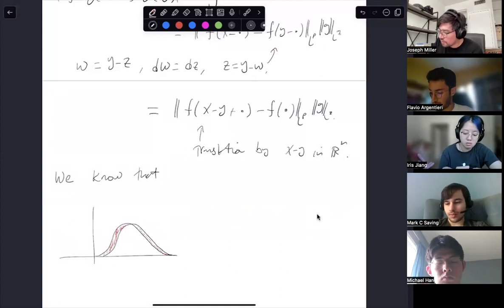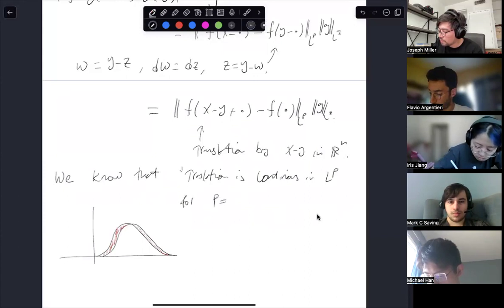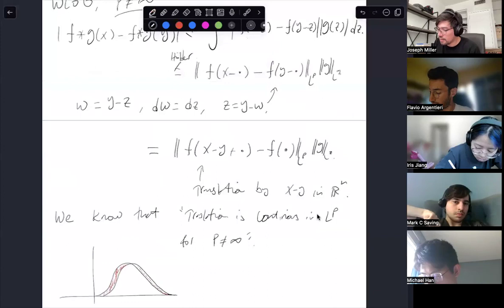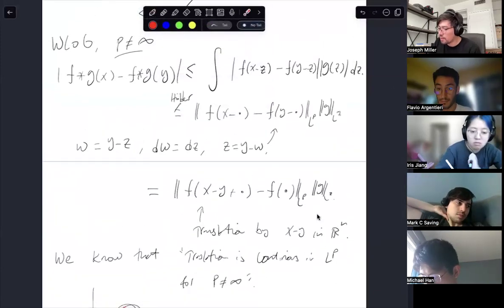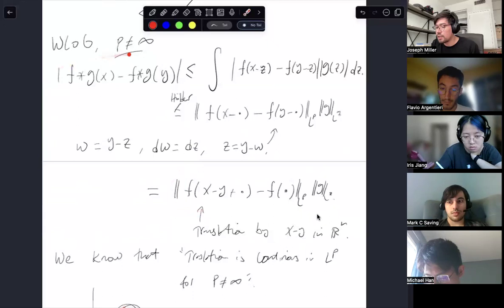So I know that translation is continuous in LP for P not equal to infinity. So at the end of the day, if I take x and y close enough, this quantity should go to 0, which shows that the limit as x approaches y of this quantity equals 0, which shows I'm continuous.